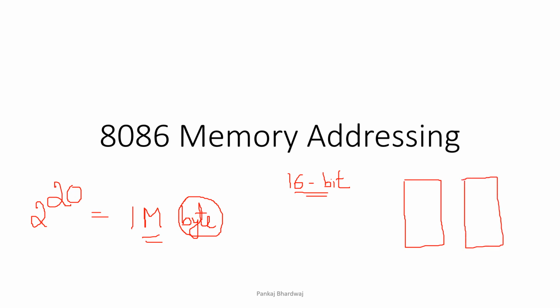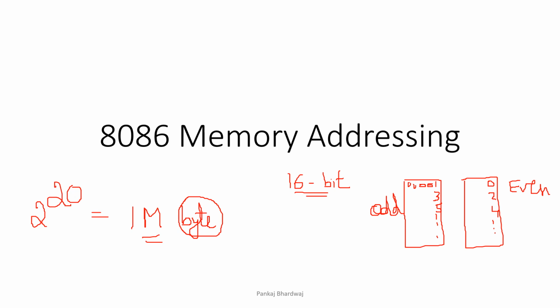Let's say this is the even memory location, and this is the odd memory location. The odd addresses start from 1, then 3, then 5, and so on. And for the even it is 0, 2, 4, and so on.